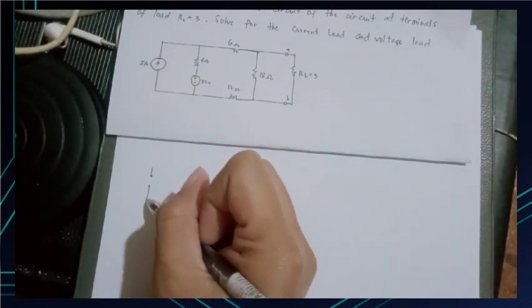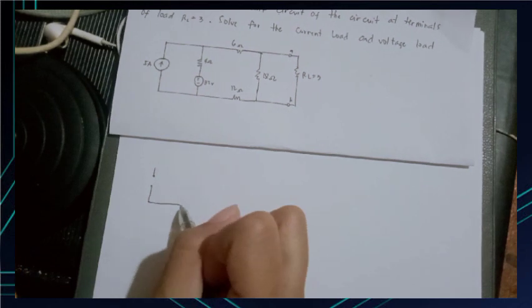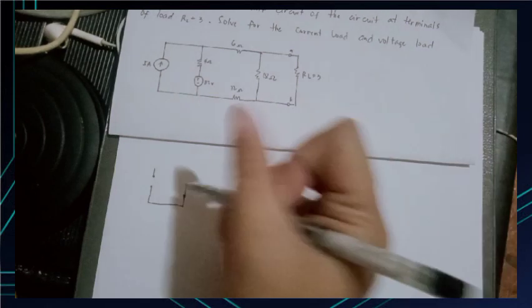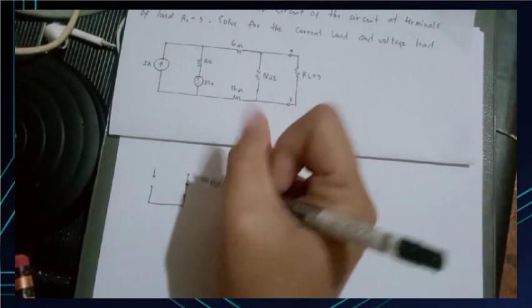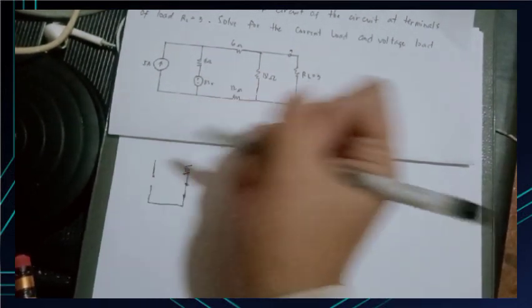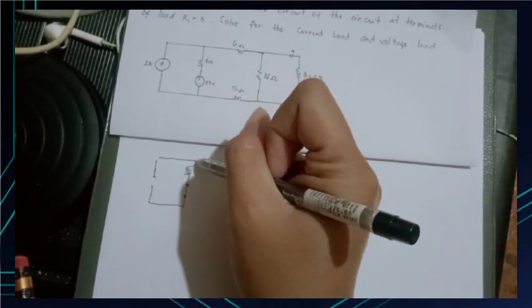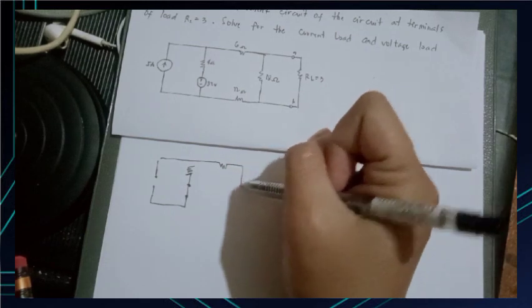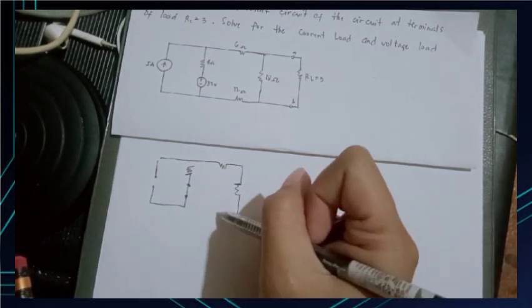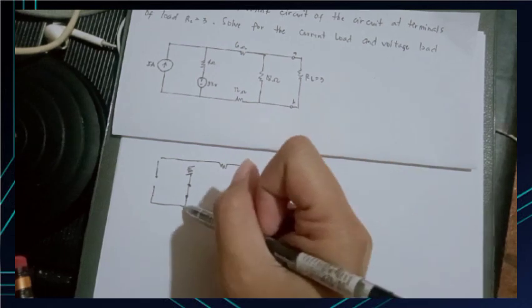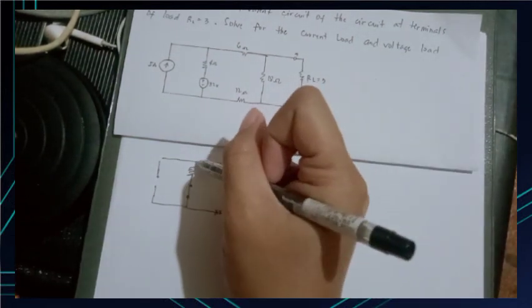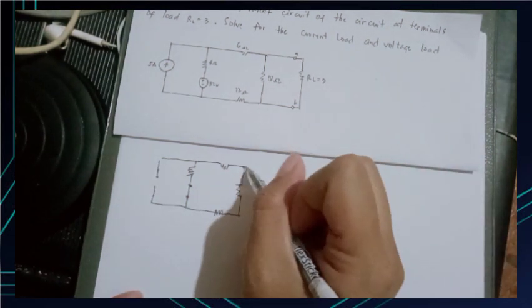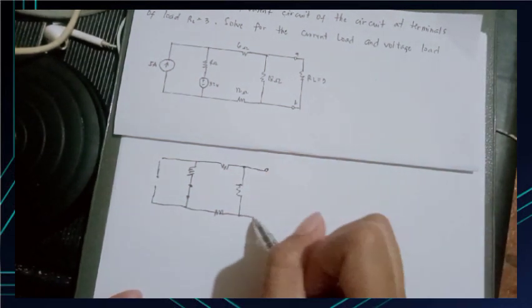And then, isi-short natin yung 32 volts. So, kopyahin na lang natin yan. And then, i-open natin yung RL.